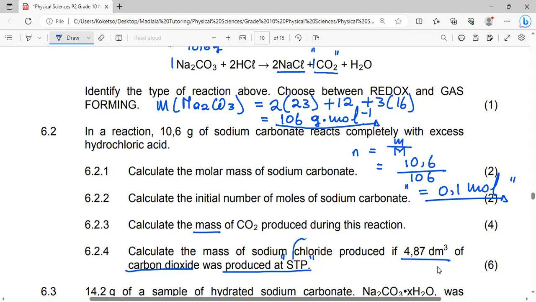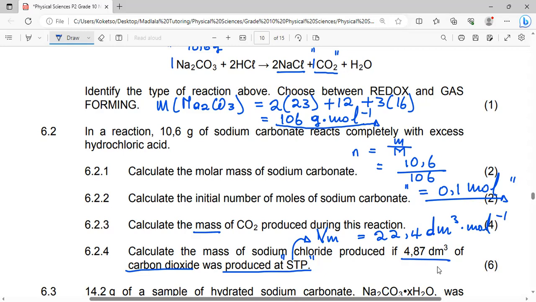So we know that the molar gas volume of carbon dioxide is going to be 22.4 cubic decimeters per mole, like that. So this value, you always get it at the table of constants. So shortly before you get to the periodic table on the very same question paper, always.